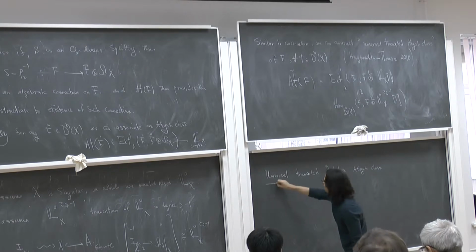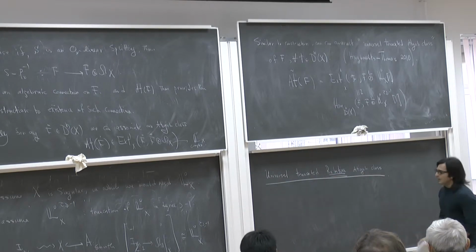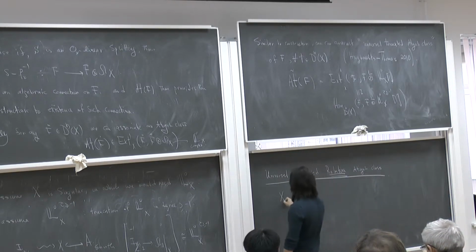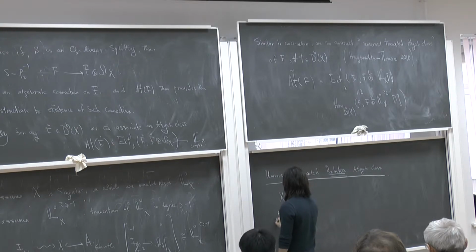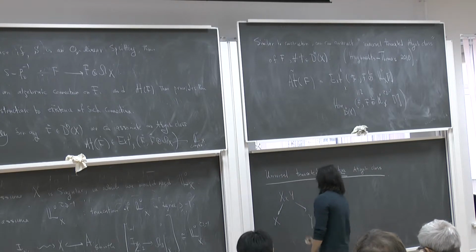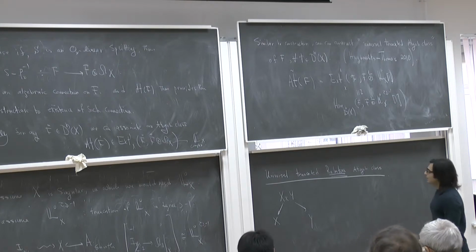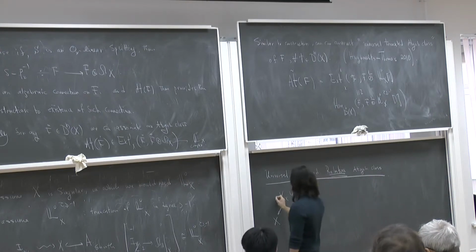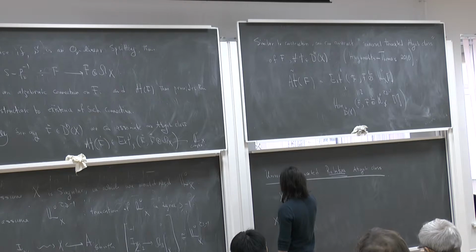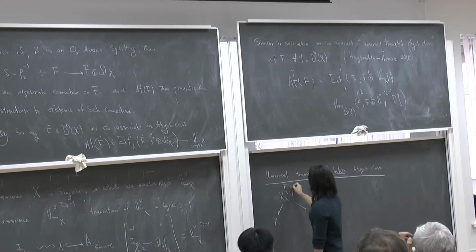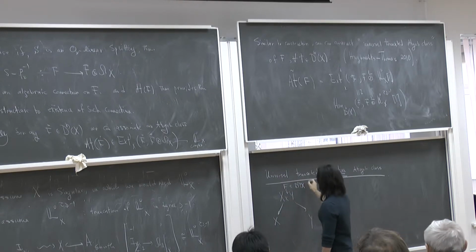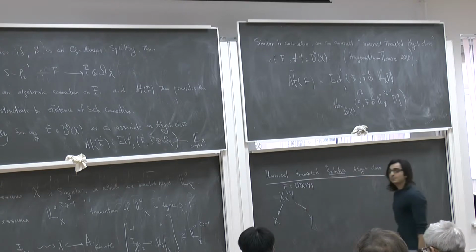So let me define that too. Let's say we have a product of two schemes, like this. And let's say you have some F in the bounded derived category of X times Y.